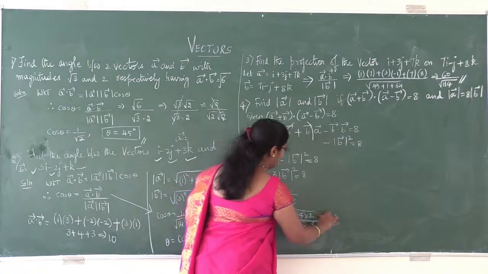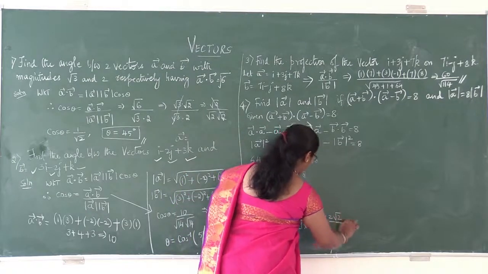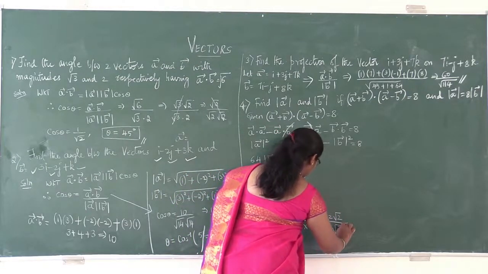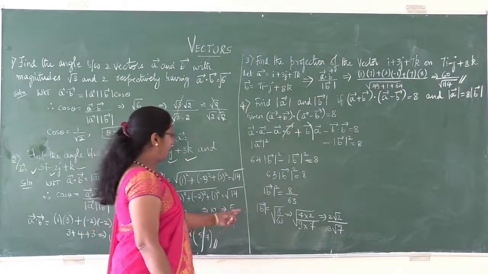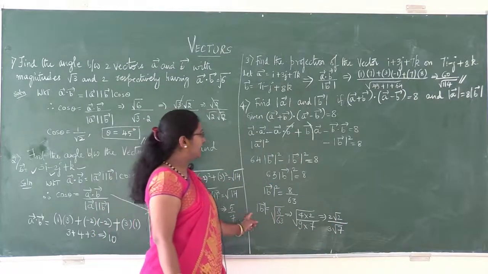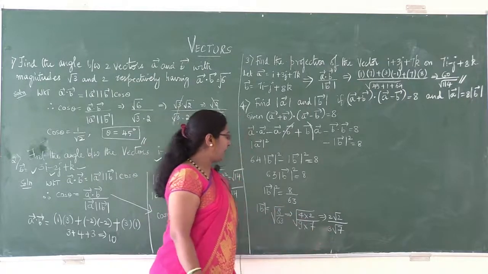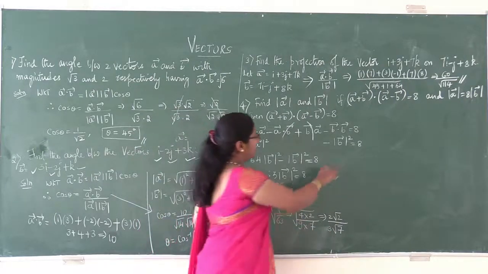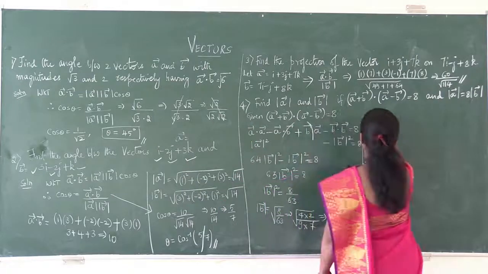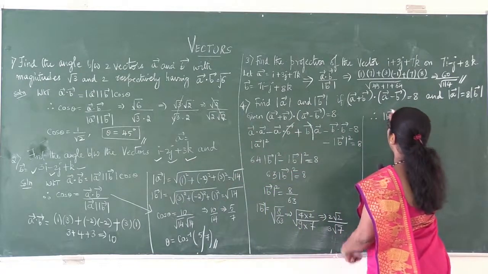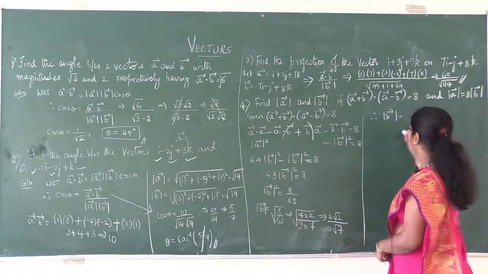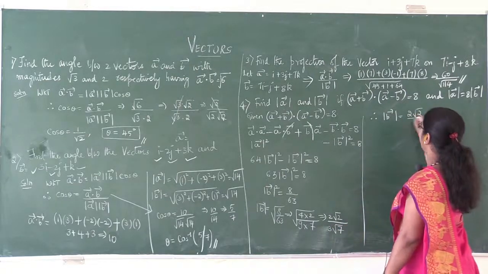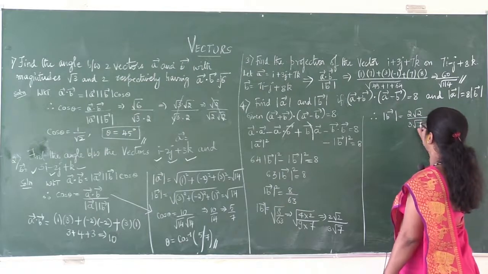This can be written as 2 root 2, and this as 3 root 7. So what is the magnitude of vector B? The magnitude of vector B is 2 root 2 divided by 3 root 7.